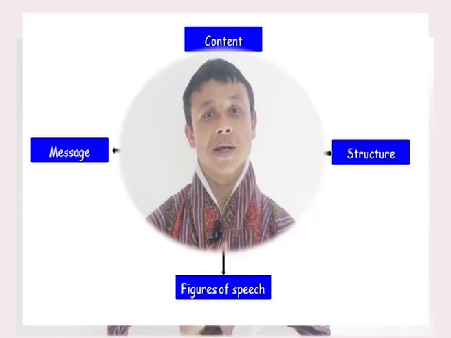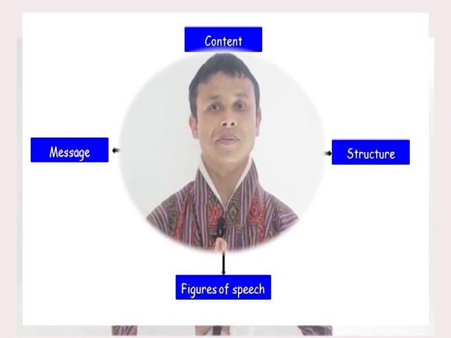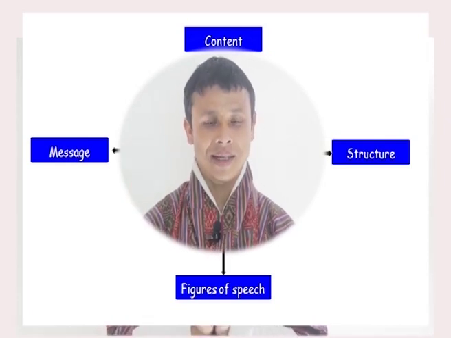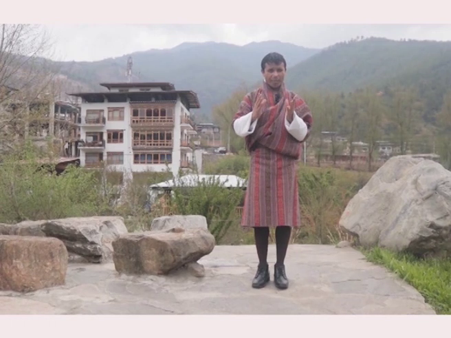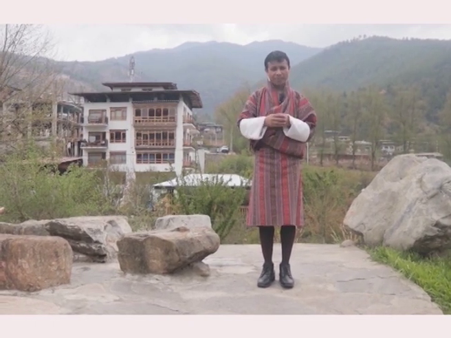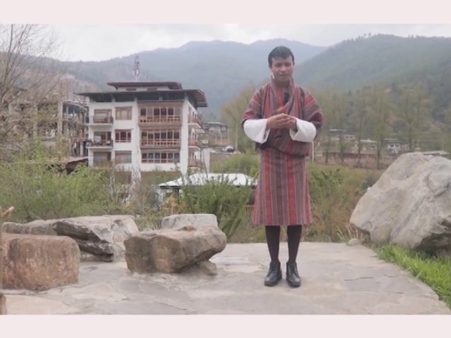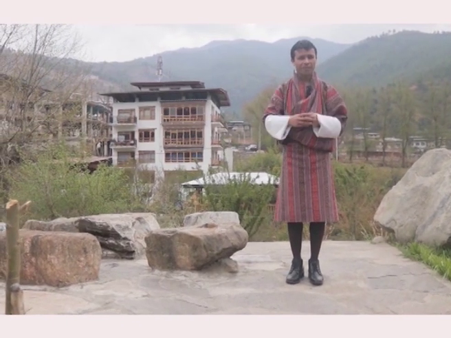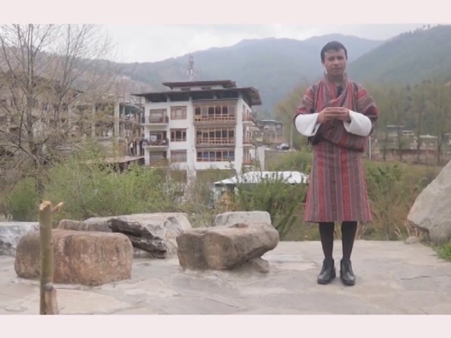Finally, let us go to the fourth aspect of a poem. It is this one, message. Any poem will have message. So, what is message in the poem? Message is the instruction given to us by the poem, what to do and what not to do.